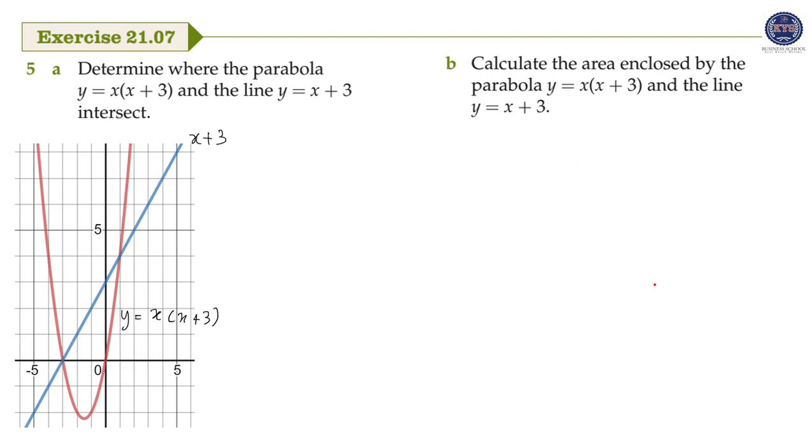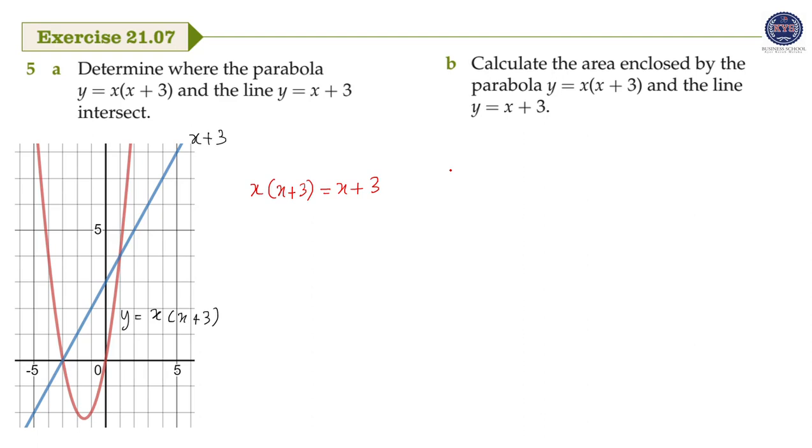Determine where the parabola and the line intersect. So in this one, you have to equate. In order to find the intersection, you have to equate both. So equate, x plus 3. So therefore, you will get the point of intersection.